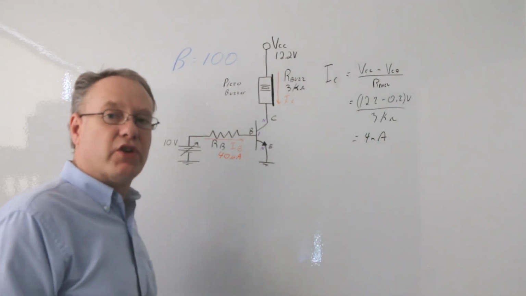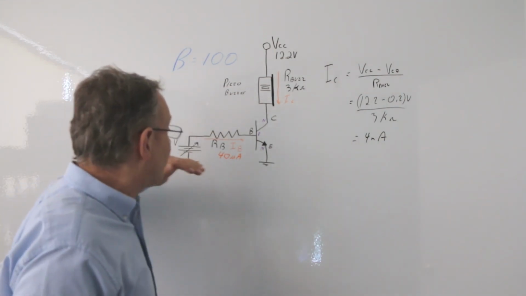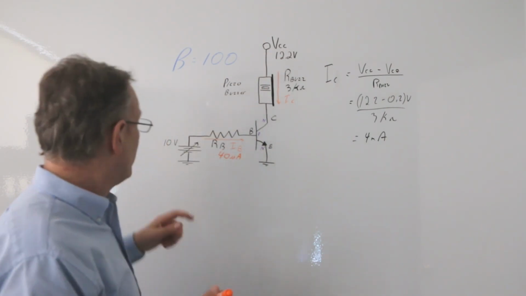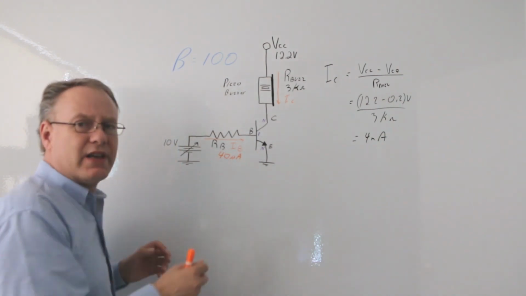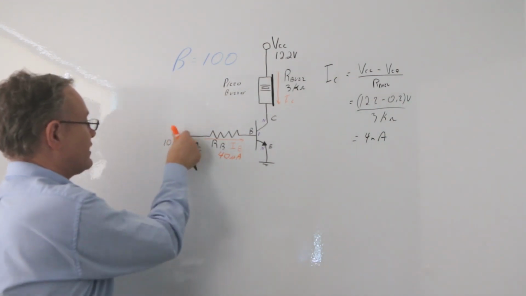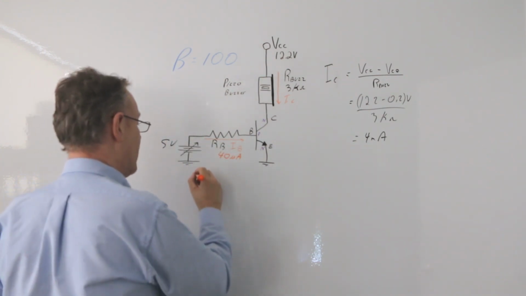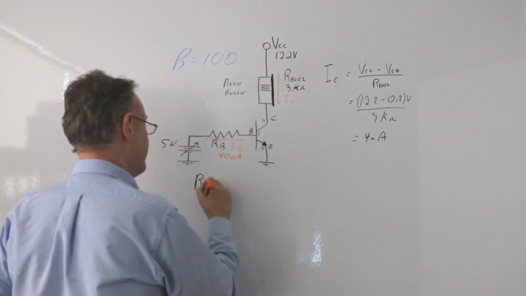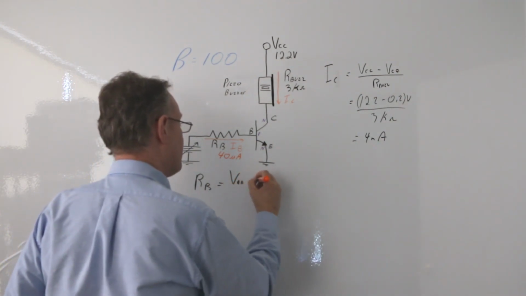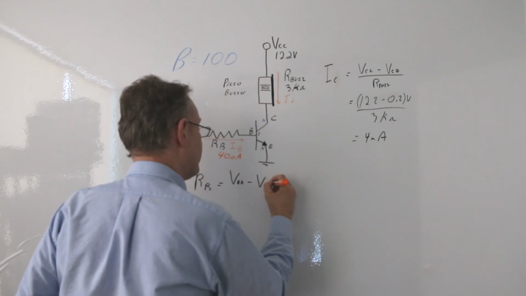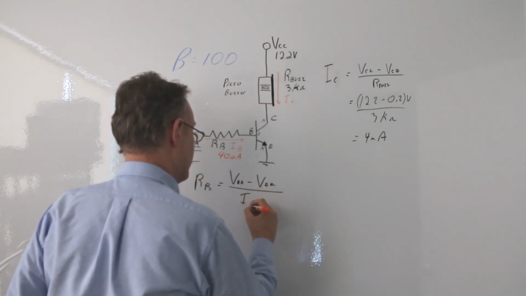microamps. Okay, so now I want to choose this resistor. So if I needed 40 microamps, what resistance would be there if this was 10 volts? But because I kind of want to play with this, I'm going to set it to 5 volts. So, with that said and done, the way I solve this is this. RB is going to be VBB minus VBE divided by IB.